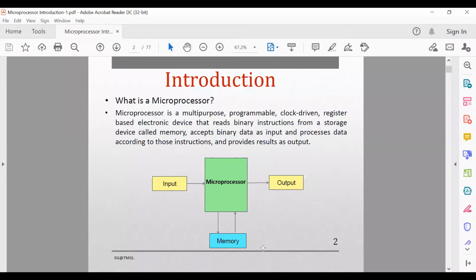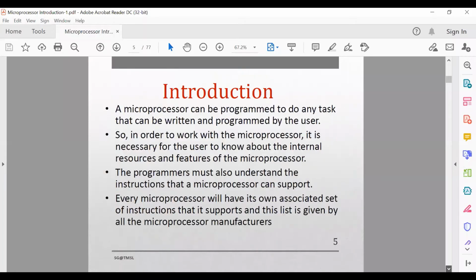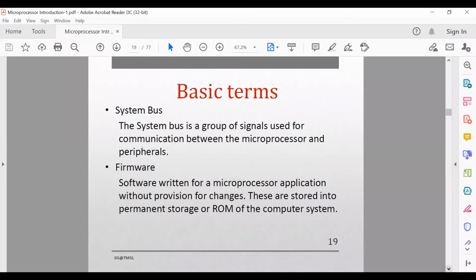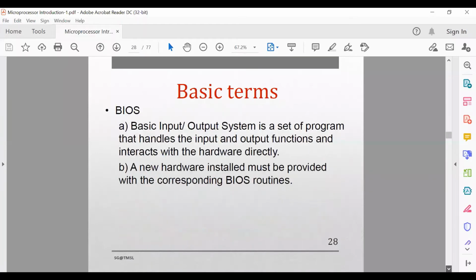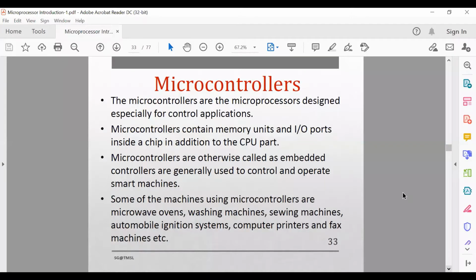Inside the microcontroller there must be one processor, there must be a memory, there must be some input interfacing circuits, there must be some output interfacing circuits. So everything will be made on a single IC. That's why it is called the microcontroller, and it is used to control some specific application. In real life you can see it everywhere, like your TV remote, because that remote is used specifically to control your TV functionalities.